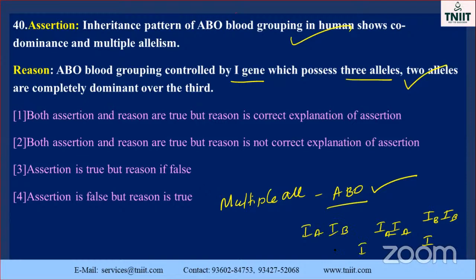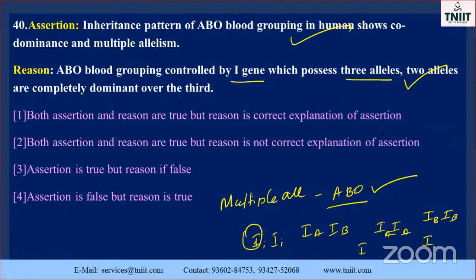Another one is called, listen here, i. When you consider these types of allelism, these are also multiple allelism. AB blood group is multiple allelism. Examples of ABO blood grouping, already you know about it. Yes, correct only. But the second one says A blood grouping is controlled by the I gene. Yes, this is the I gene controlling.